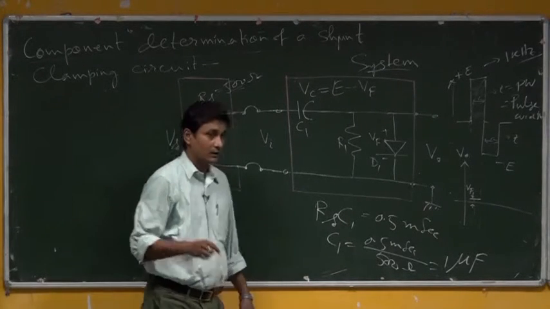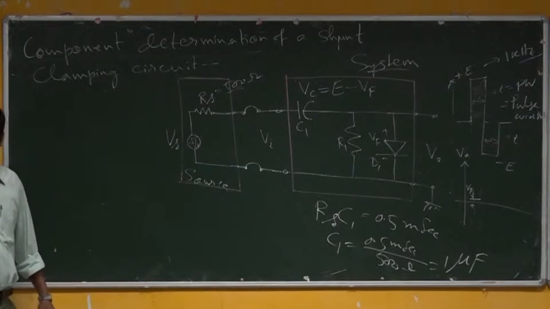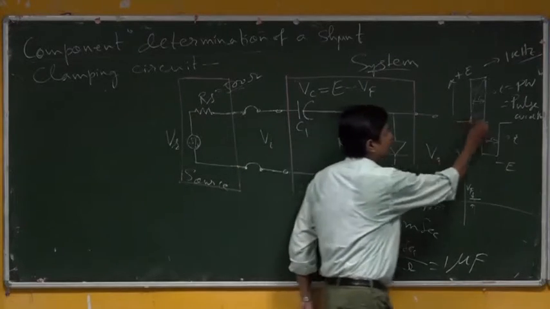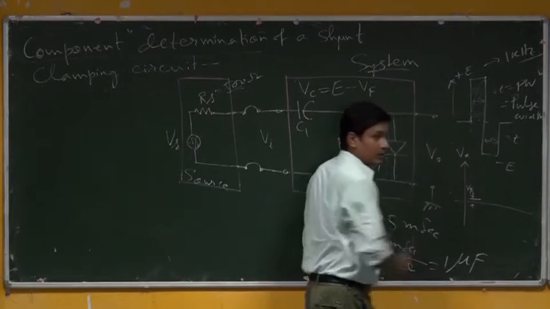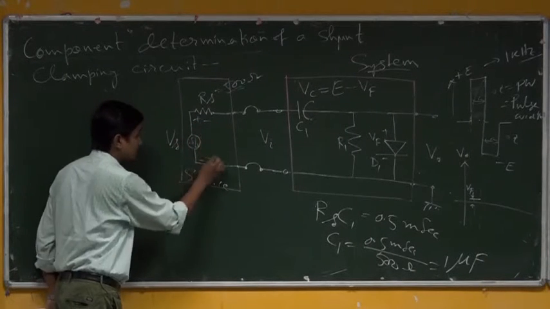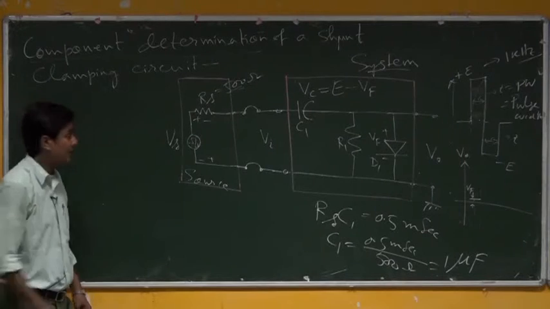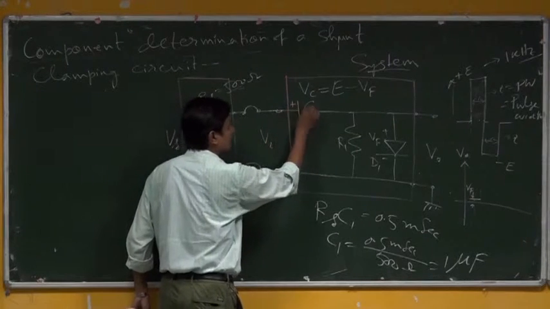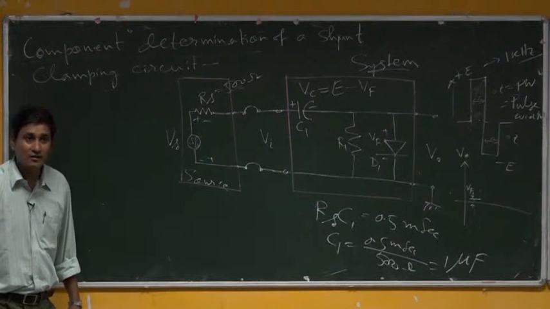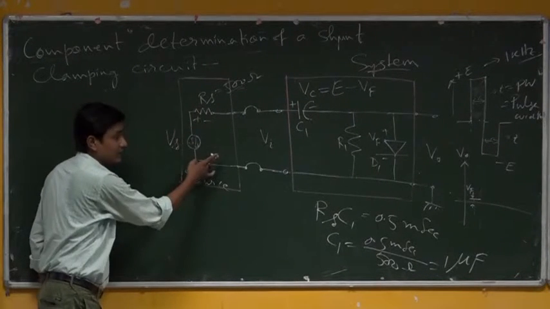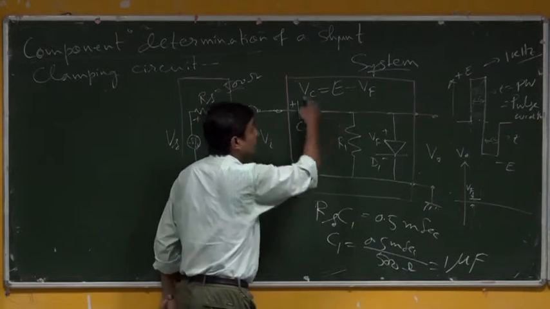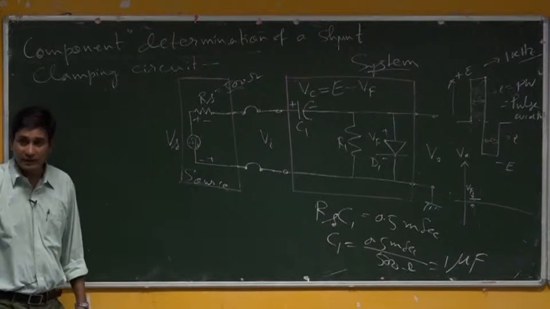So, if you remember your previous discussion, when this input went from plus minus to minus plus in this potential, the capacitor which was charged earlier as plus minus could not respond to this immediate change in the capacitive voltage. So it will be retaining the E minus Vf value.